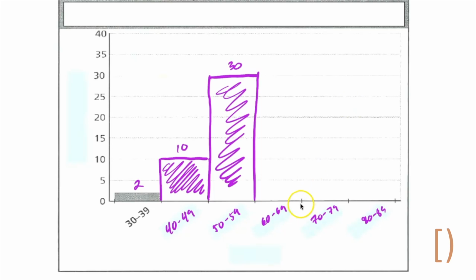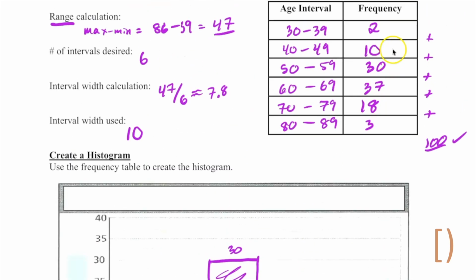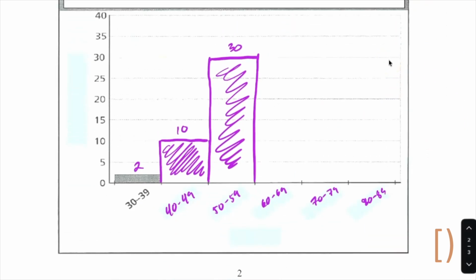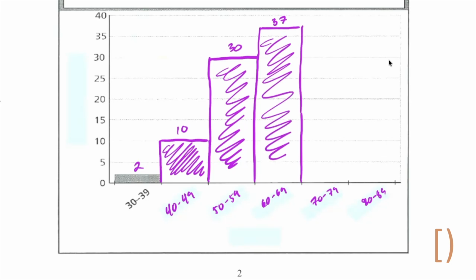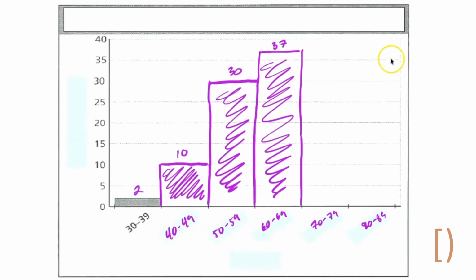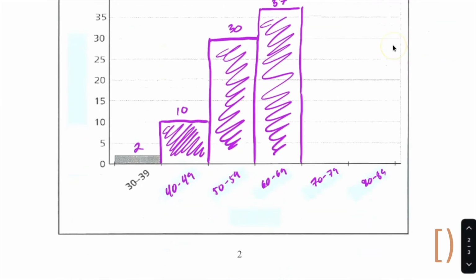60 to 69, that was 37. So yeah, that's what I had. Again, these are estimates, they don't have to be perfect. 35 is there, so 37 is going to be around there. Okay, 70 to 79, we have 18, so a little bit less than 20.